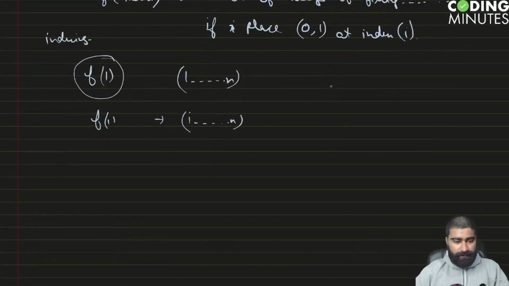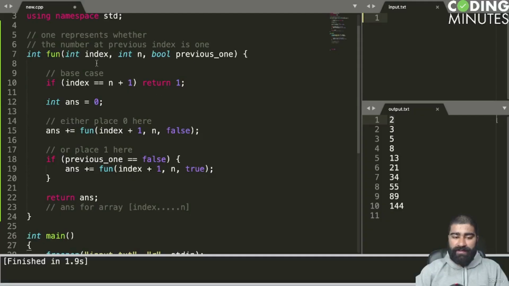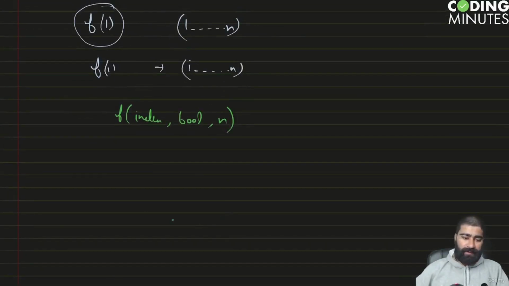So here I'll leave you with a problem, which is: if the answer equals Fibonacci numbers, then why was the recursive relation that I formed not a Fibonacci recurrence? So here is the recursive relation that I formed. Let me write it also. The relation that I formed is index comma boolean value, which is the previous one, and n is the length of the array, right?